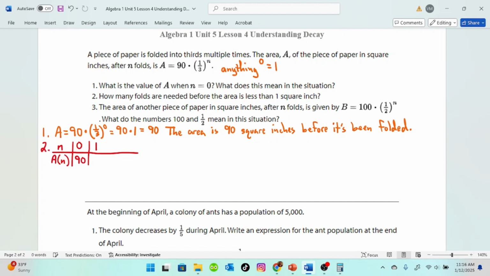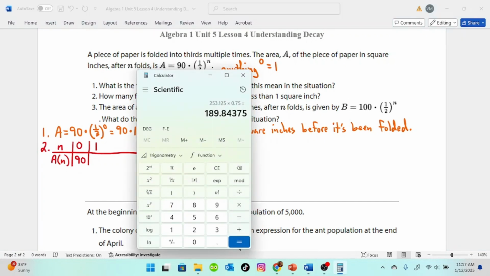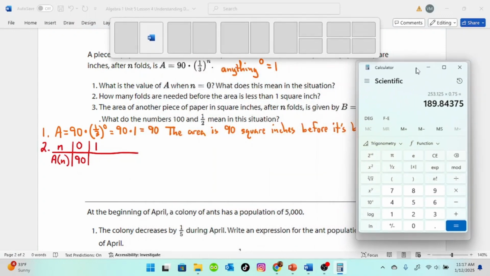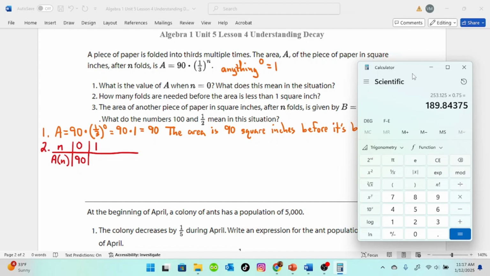If there is one fold, then we have 90 times 1/3, and that equals 30.